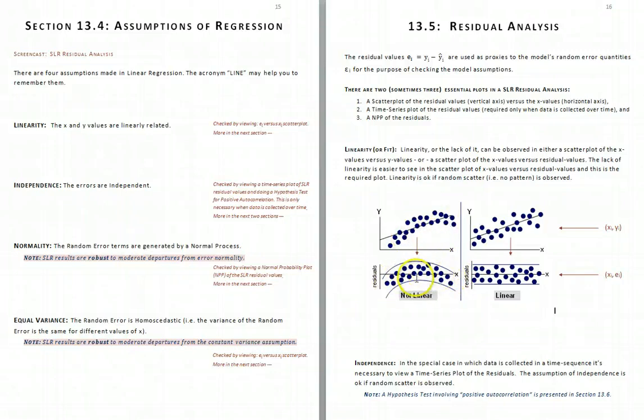The required plot, however, is the residuals versus the x values. It is easier to see this curvature, especially in close calls, in the plot of the residuals versus the x values. For the data on the left, the linearity assumption is not satisfied, and this data is inappropriate for a simple linear regression model.